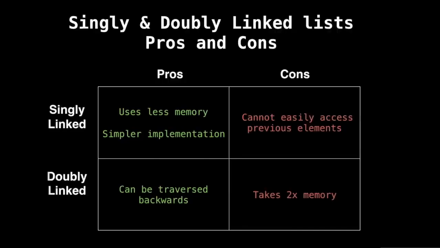So having a singly linked list means you only need one pointer for each node, hence twice as much memory is saved. A downside, however, is that you cannot access previous elements because you don't have access to them. You would need to traverse from the head of the linked list all the way up to the previous node to find it.